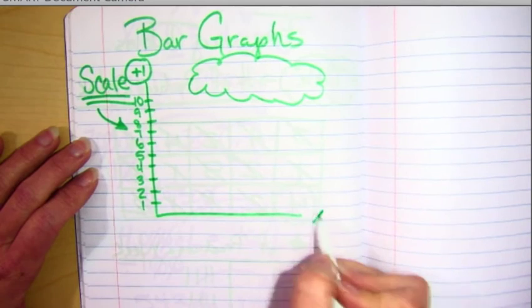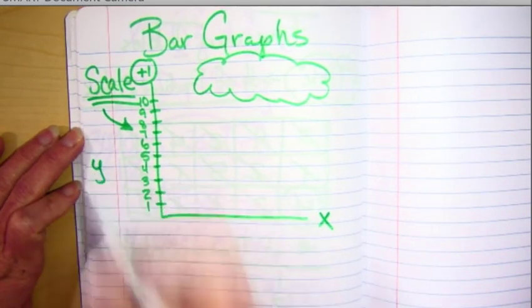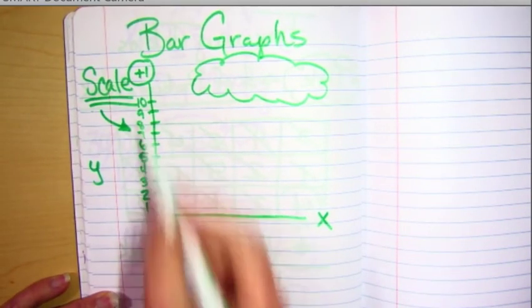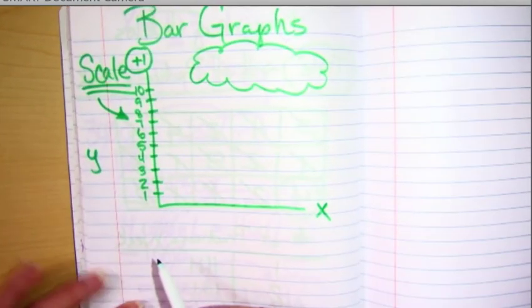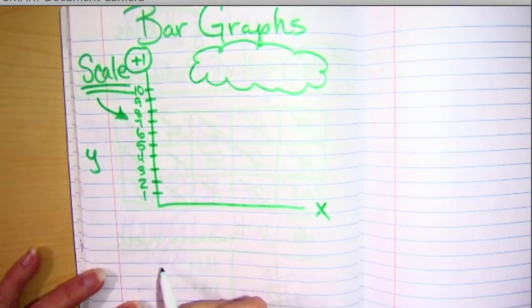So this is your X. This is still your Y, okay? Your scale is going to be shown on the right. So let's say I wanted to make a quick data table just like I did before.